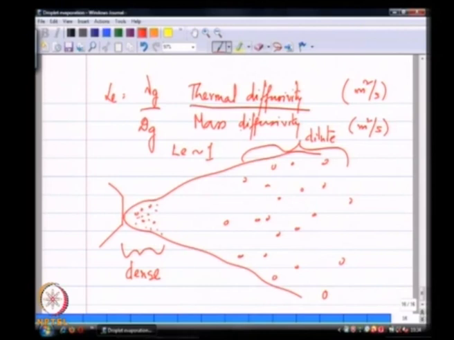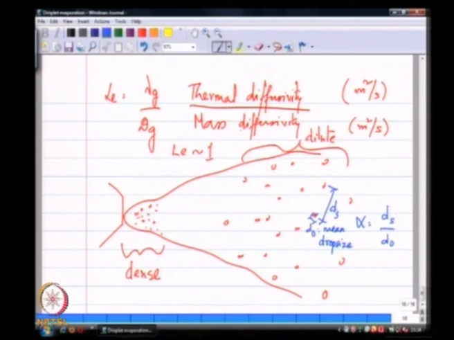As you can see, the one difference between the dilute spray and the dense spray is this distance relative to the droplet size. So, if I take a ratio of d s to d0, d0 is like my mean drop size.